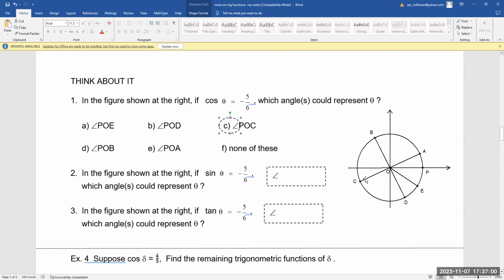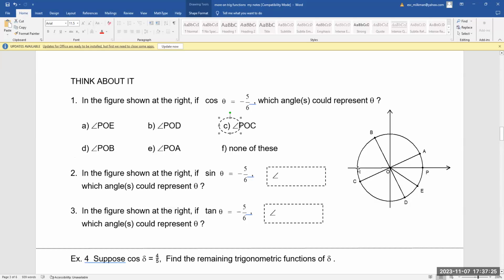And remember, this r happens to be 6. That's the radius of your circle. And this x value does look like it's rather far over, very close to that same value of 6. So 5/6, that ratio, is much better represented by angle POC than it is for angle POB.